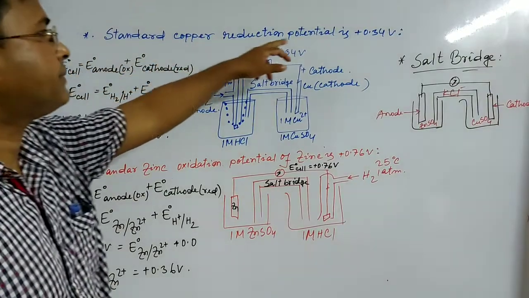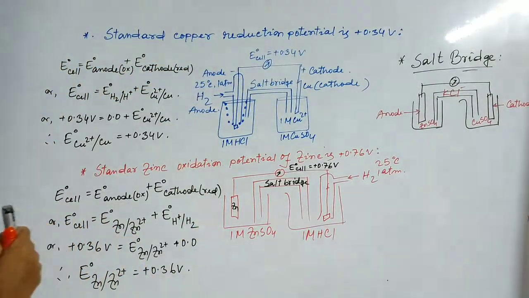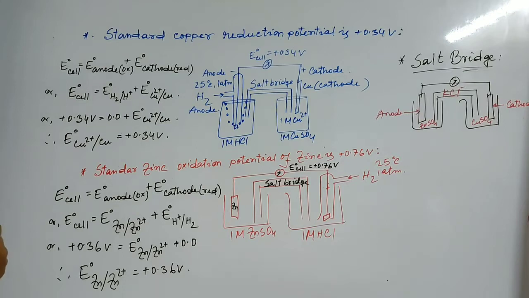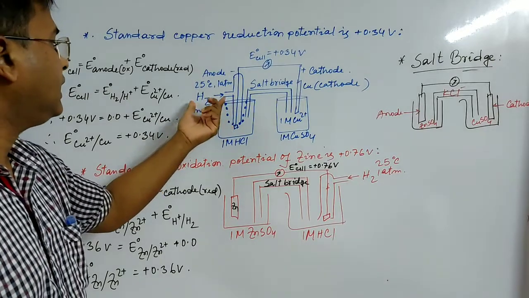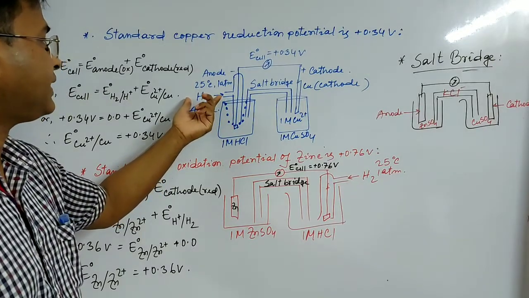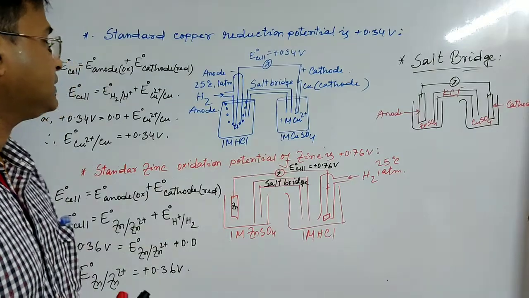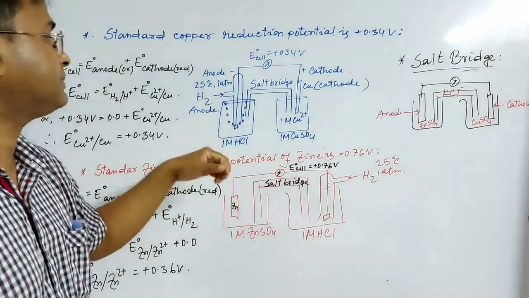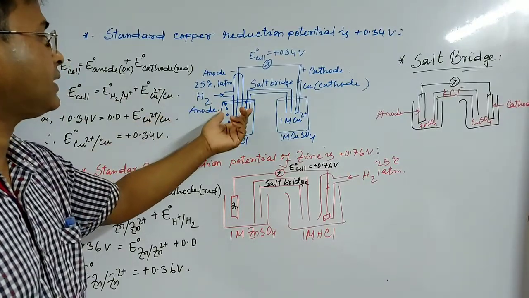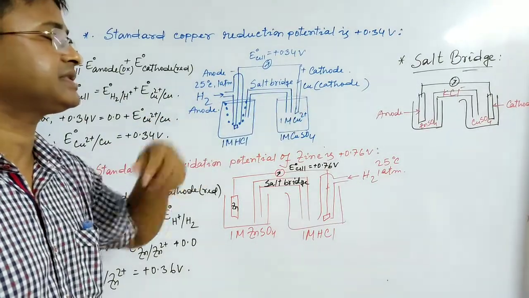Standard copper reduction potential is plus 0.34 volt. What does it mean? My dear students, all of you know that in the reactivity series, the position of hydrogen is above copper. That's why hydrogen is more reactive than copper, and more reactive substance is made anode and less reactive substance is made cathode.